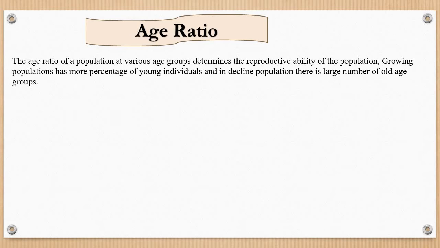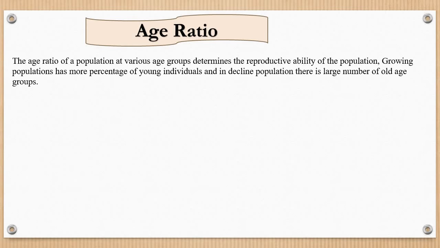So the age structure of a population is the proportion of the organisms in each age group. The age ratio of a population at various age groups determines the reproductive ability of the population, right?